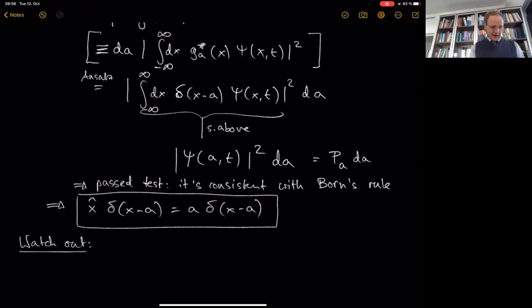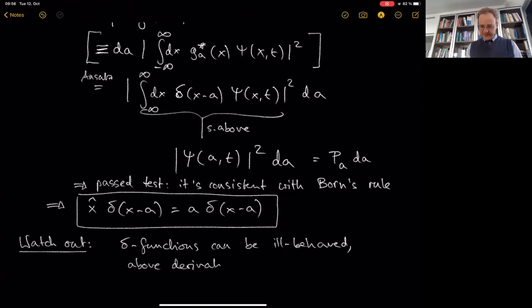These delta functions can be ill-behaved. The above derivation is rather informal.